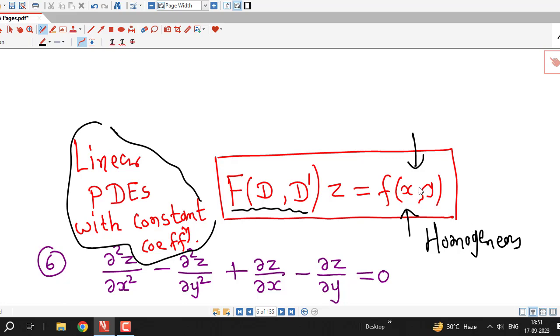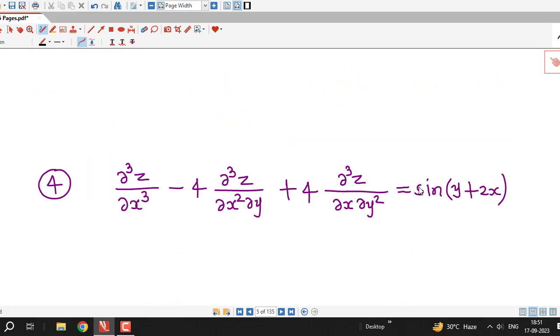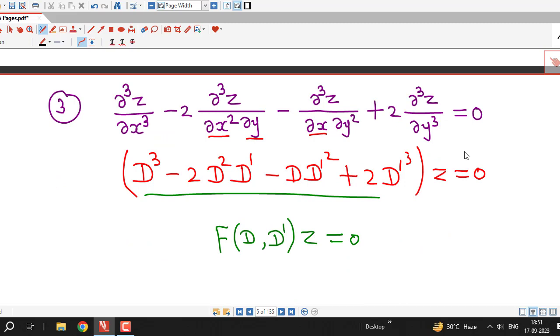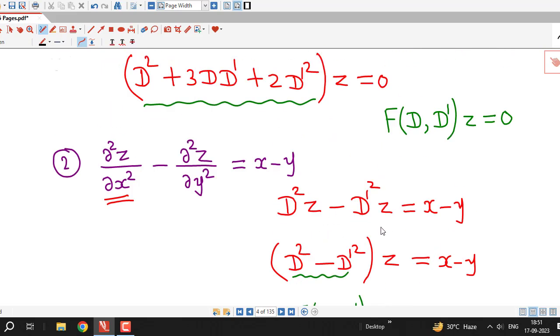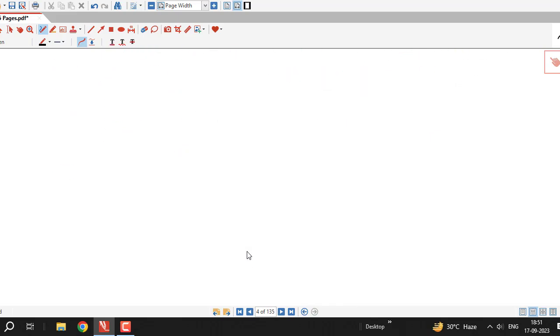And if f of x, y is non-zero, then the PDE is called non-homogeneous, as in the case of ordinary differential equations. Here we have 0, so this is an example of homogeneous linear partial differential equation with constant coefficients. This is also having a non-zero function on the right hand side. F of x, y is x minus y, so this is a non-homogeneous linear partial differential equation with constant coefficients.